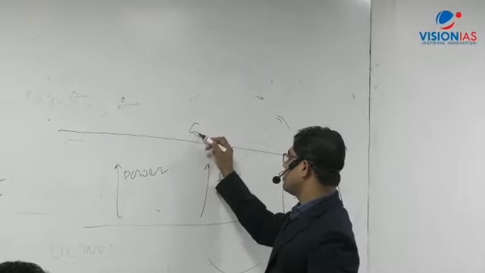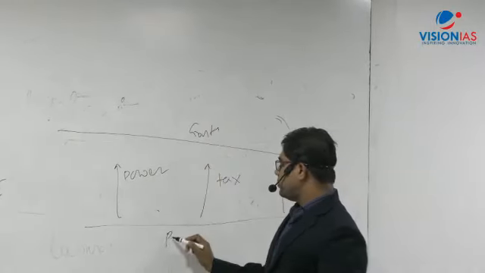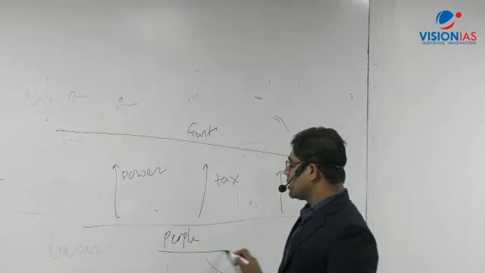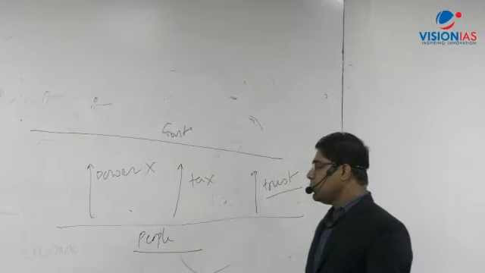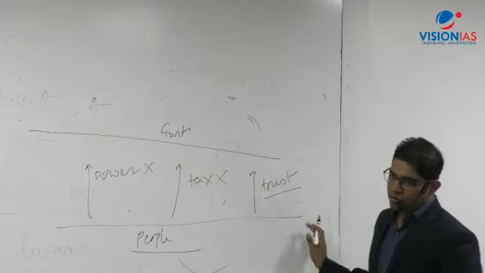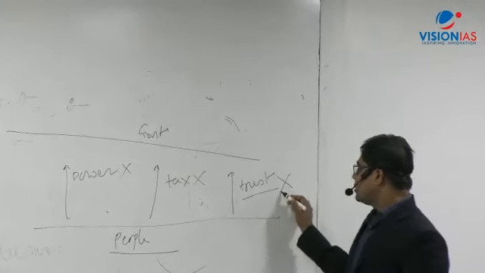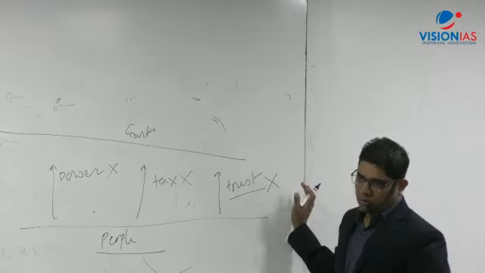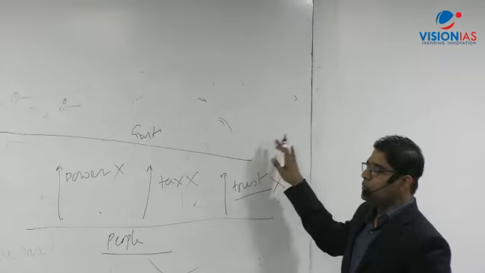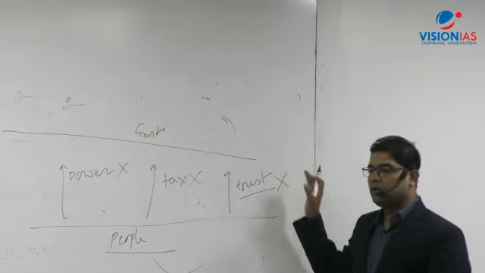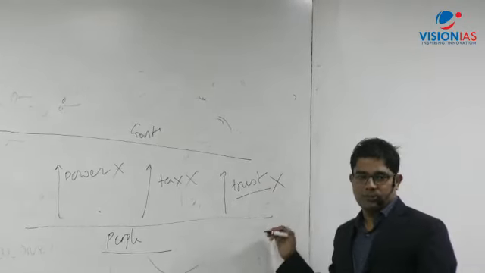So this is the government and this is the people. Now accountability will ensure there will not be a misuse of power, there will not be a misappropriation of funds, and people continue to have trust in the government. Otherwise, people will lose trust and there will be a loss of legitimacy in the eyes of the public.